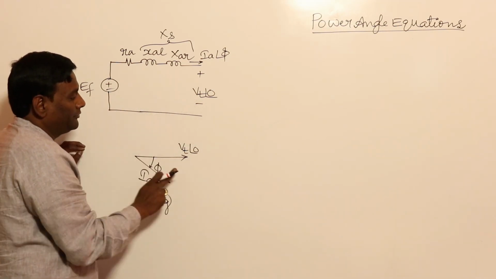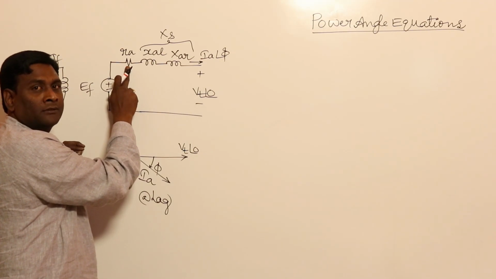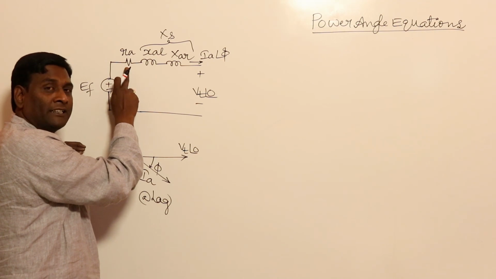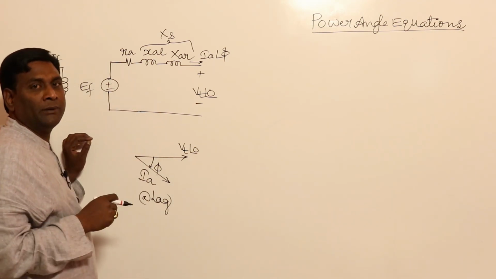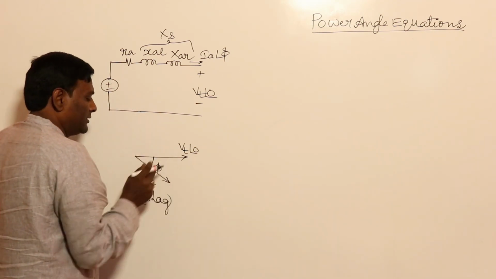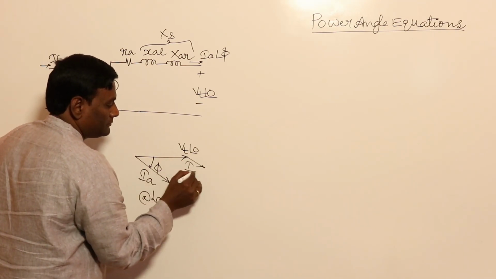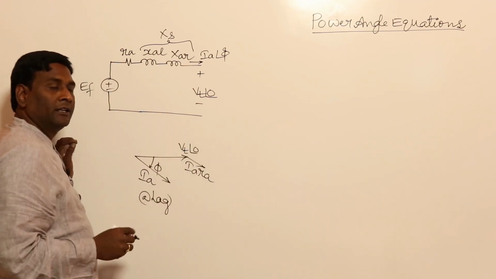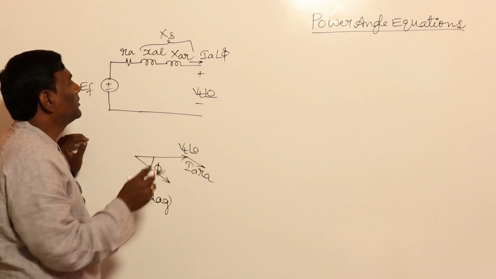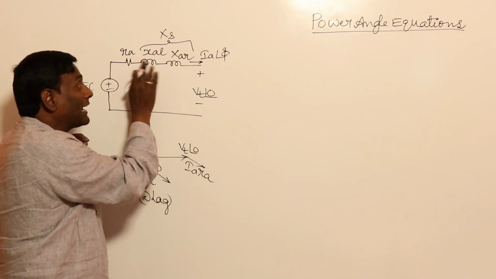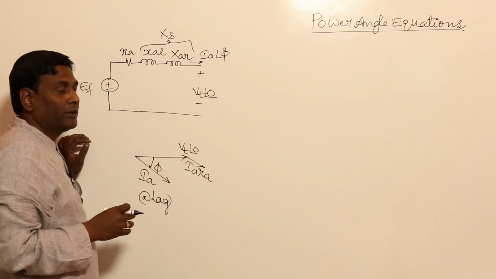Now VT plus IARA plus IAXS is going to be here. IARA is the voltage drop, and the current flowing through the resistance is IA, so both should be in line. Current and voltage will be in line in a resistance. So IARA. Now if you think of the reactance, IAXS is the voltage and IA is the current flowing through the inductor.